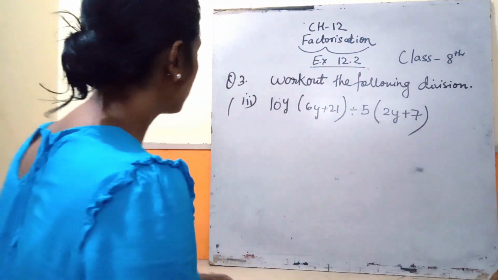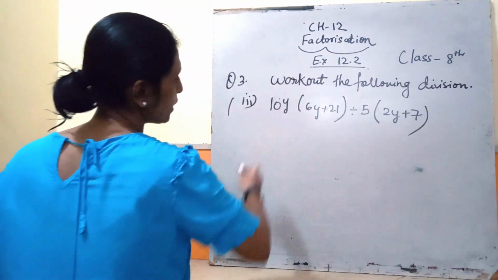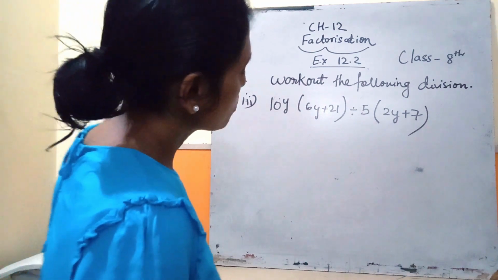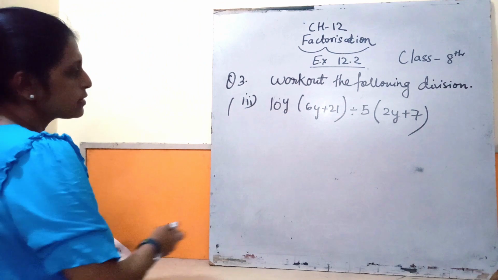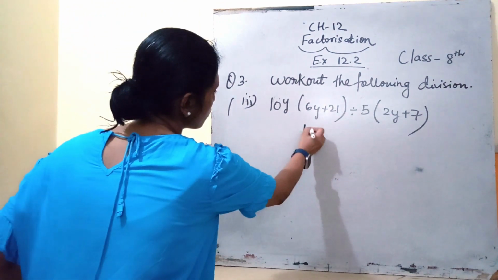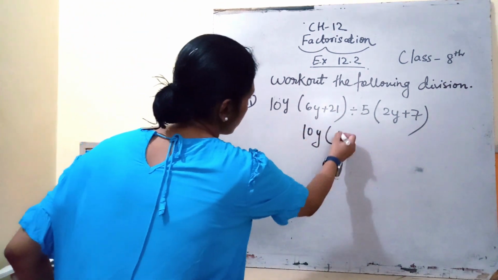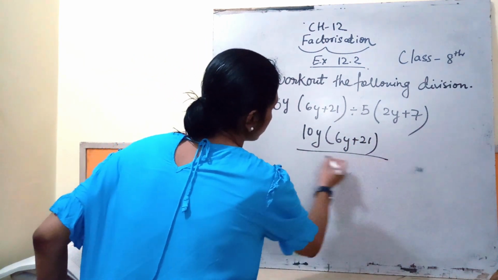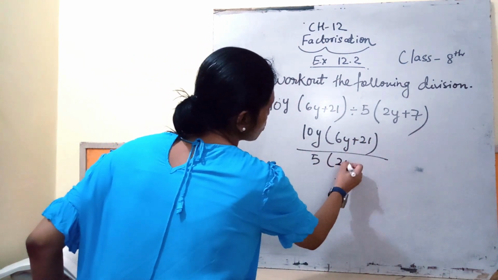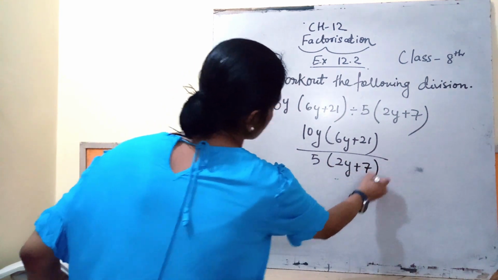In the third part, we have to divide 10y(6y plus 21) by 5 multiplied by (2y plus 7). Let's see how to do it. 10y(6y plus 21) upon 5(2y plus 7).